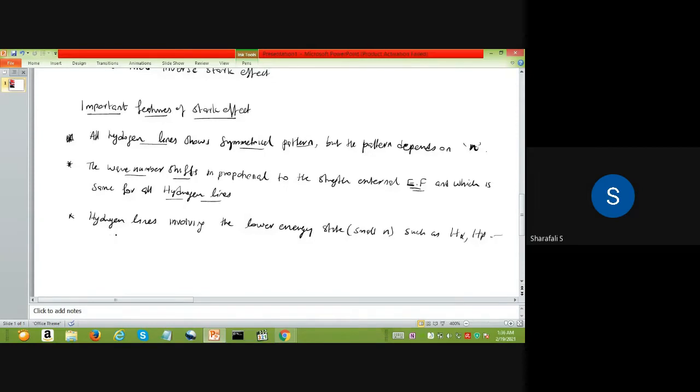These lines with lower principal quantum number show a shift which is proportional to the applied electric field. So only symmetrical splitting of the energy level, proportional to the external electric field.